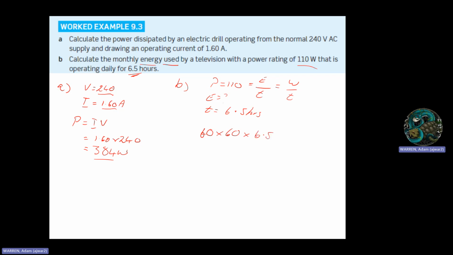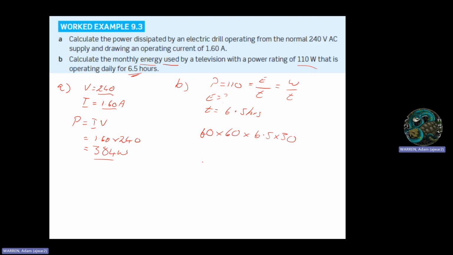So times 6.5, and then we can multiply it by the number of days in a month. Now, some of them have 30, some have 31, one has 28 except for a leap year. The average is about 30. The most common one anyway, the mode, is 30. And if you add them all up and divide by 12, you get a value that rounds off to 30. So let's just use 30. So that'll be our time.